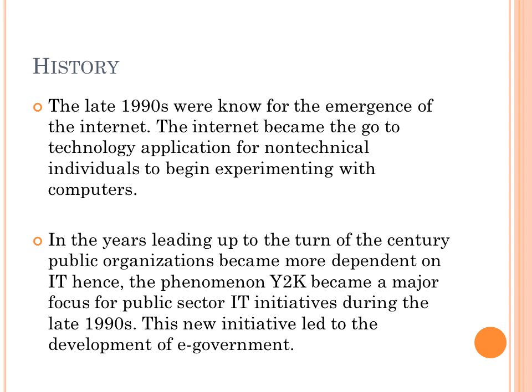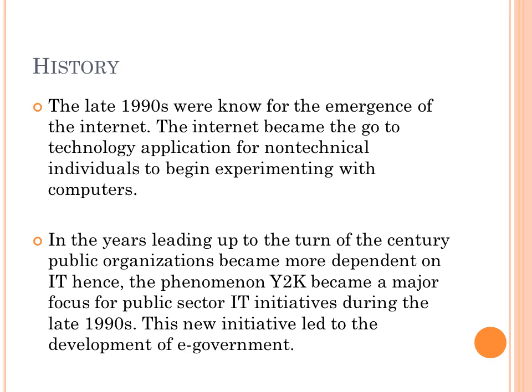Now, to go through with this topic, we need to understand a brief historical overview of e-government and the emergence of the Internet application within government. The late 1990s were known for the emergence of the Internet. The Internet became the go-to technology application for non-technical individuals to begin experimenting with computers.